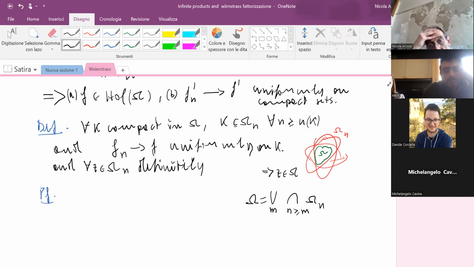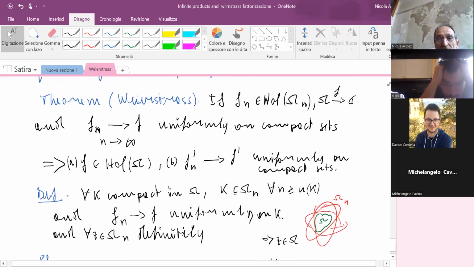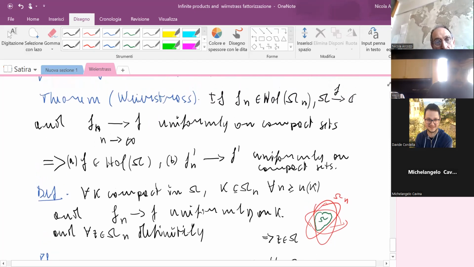Yeah, that's the limit. But Nicola, what are you trying to define here? Oh, David's question was because our functions Fn are defined on omega n. They're not defined on the same set. And F is a function on omega. My question was just to understand the definition of omega n. It was not clear from the statement.